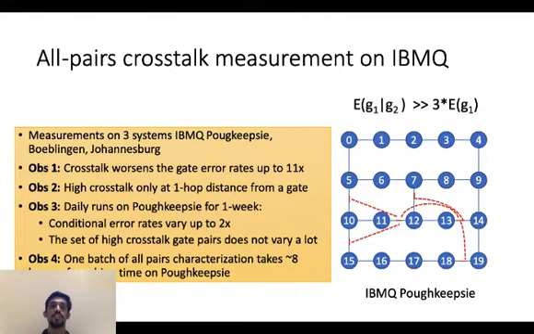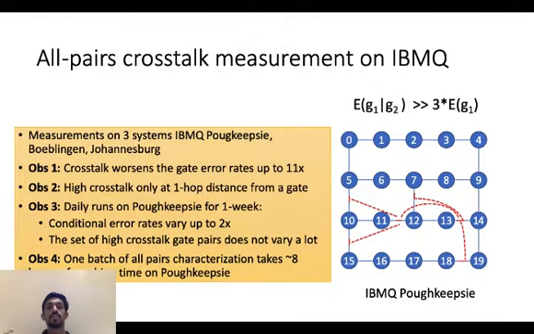First, we see that crosstalk can worsen gate error rates by up to 11x. So this means that if I have a gate with fidelity of about 99%, when there is crosstalk, the fidelity can reduce to about 90%, which is a serious impact for a program.